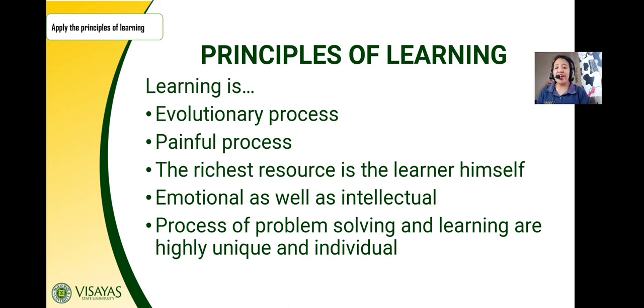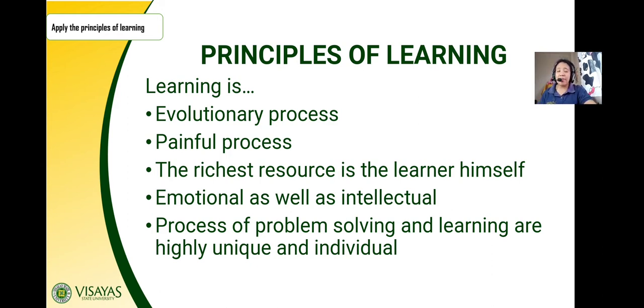Then we have here the richest resource is the learner himself. There are many things the learner can still share, and we can learn a lot from the learner, because the learner can be the richest resource of learning. Then another principle, emotional as well as intellectual.